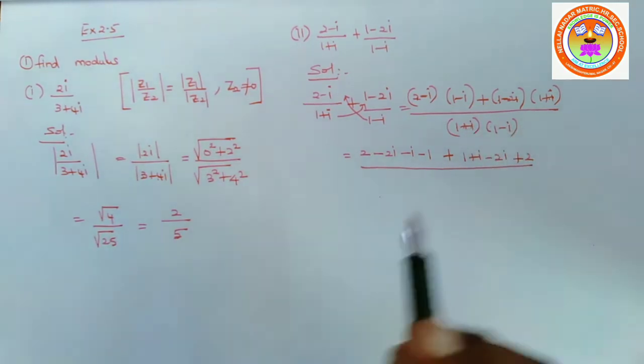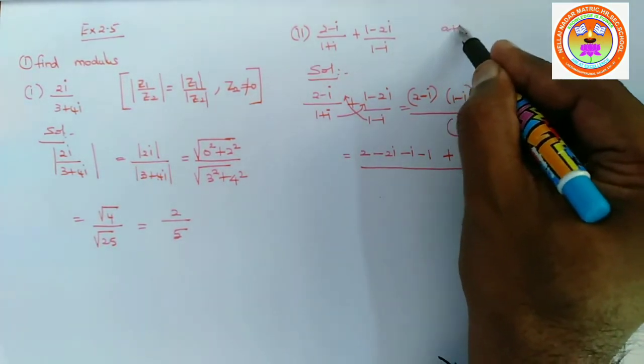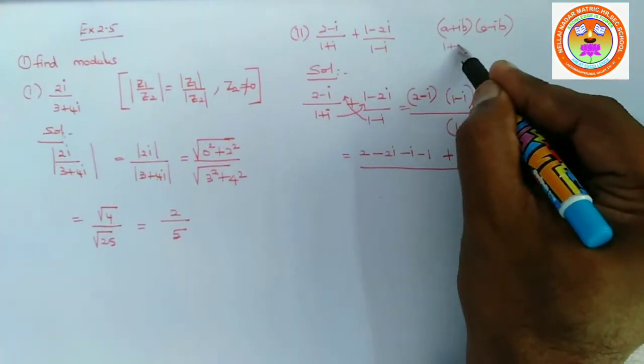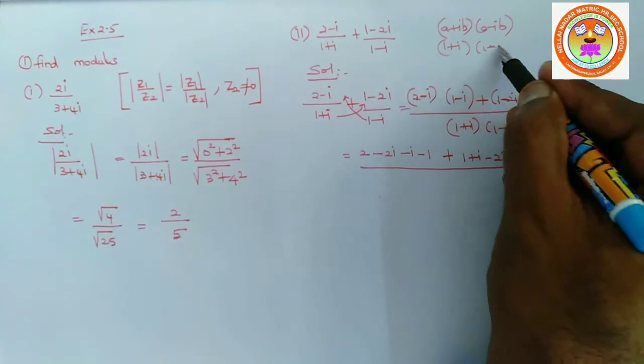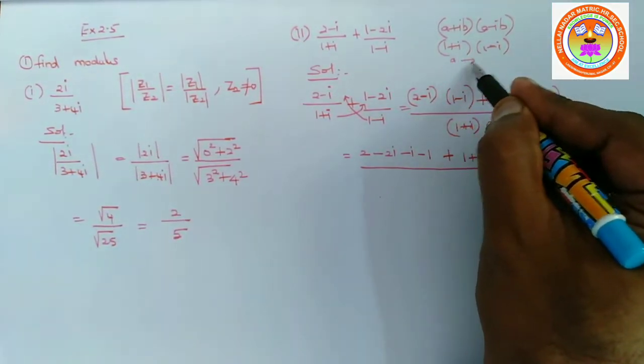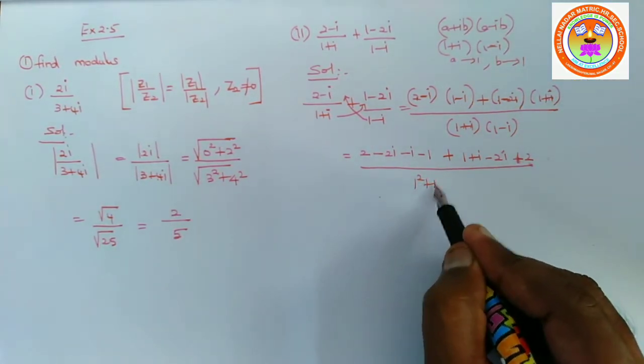The denominator is of the format a plus ib, a minus ib, so the coefficient of a is 1 and the coefficient of b is 1, giving 1 square plus 1 square.